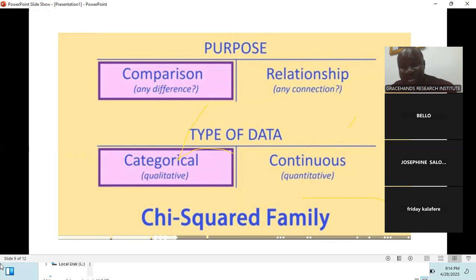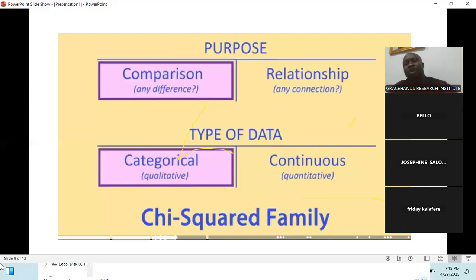Am I making sense? Those are chi-square kind of statements. You don't say to determine the differences between this and this and you are using ANOVA, or you are using correlation. You are dealing with a comparison, a chi-square kind of statement.